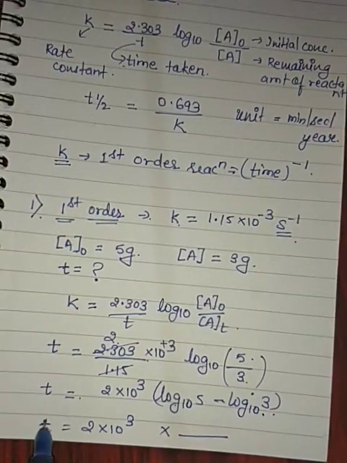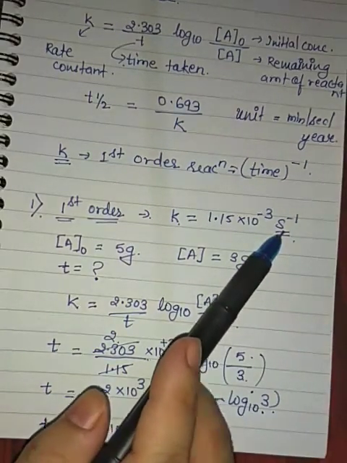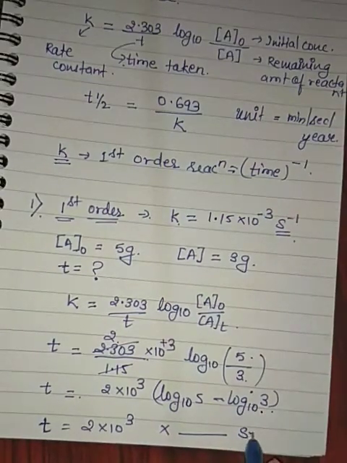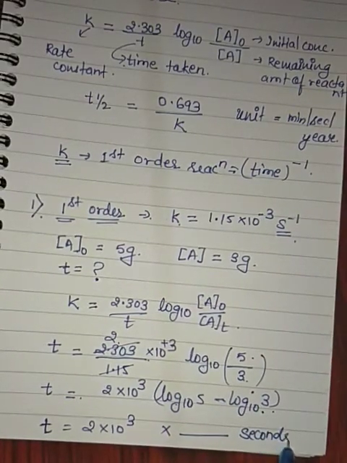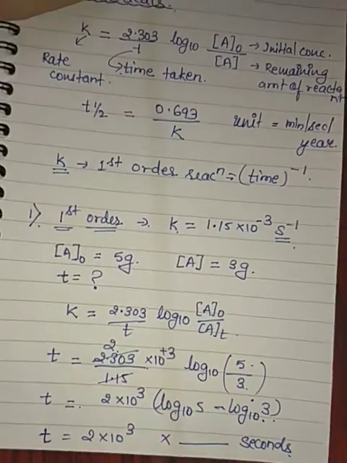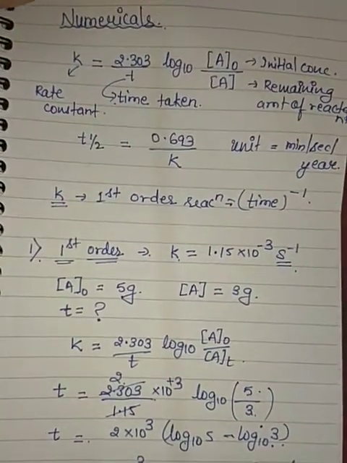Now, what will be the unit of t? Since the unit of k was second inverse, the unit of t will be seconds. So this was numerical number 1, just to show you how to write the information given and how to calculate what is asked.